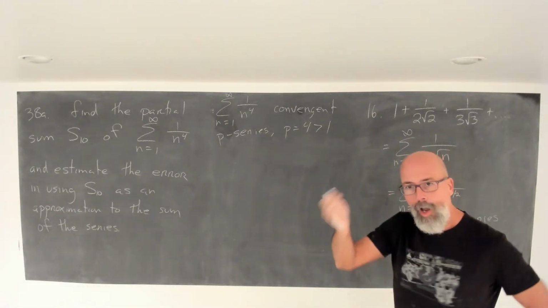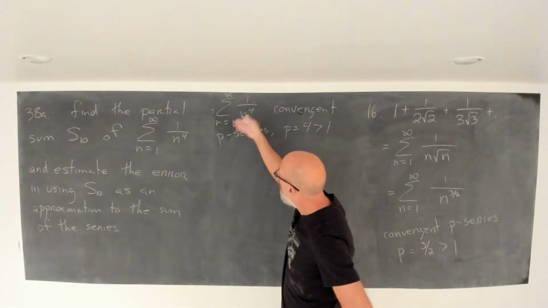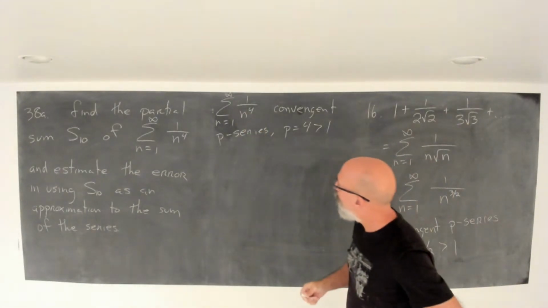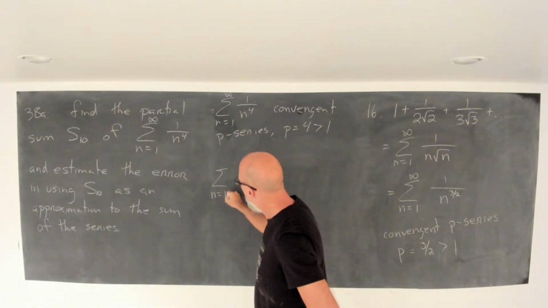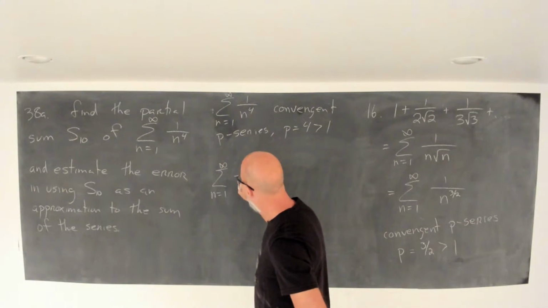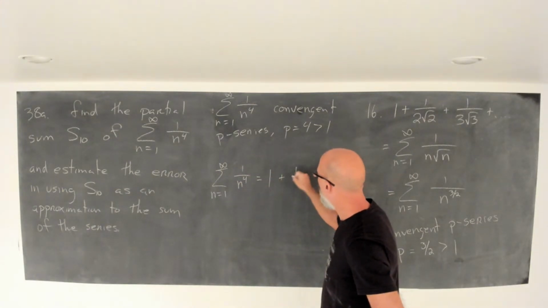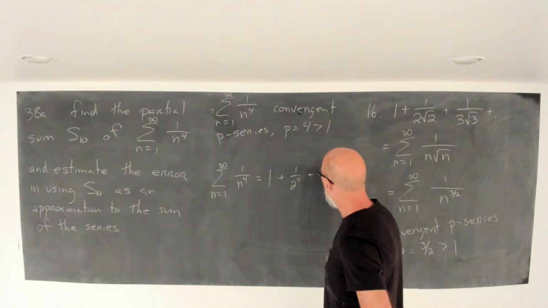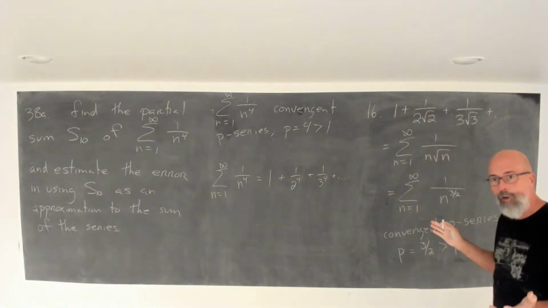All right. So how are we going to approximate? Well, we're going to add, right? I mean, this is an infinite sum. So we're going to add 1 plus 1 over 2 to the 4 plus 1 over 3 to the 4 and so on forever.